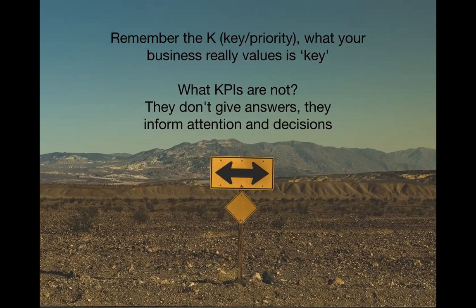So they're indicators of attention. They're not the end game and the end numbers themselves. The numbers back them up and inform these key performance indicators, but the indicators are just that. They're indicators of progress and of how you're doing.